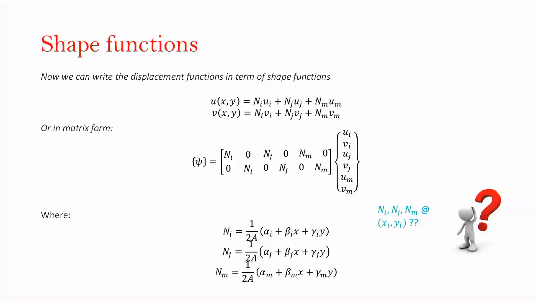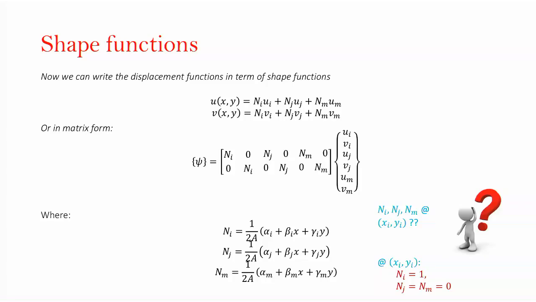There are too many slides, I cannot put them together, but if you calculate Ni, Nj, and Nm at the coordinates of node i, xi and yi, you will realize that Ni would be 1 at that node, and the rest of the shape functions would be 0.